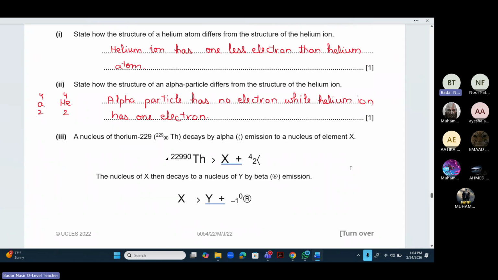So actually the equation is like this. Okay, we have this thorium with a proton number of 90 and a mass number of 229. It decays to X and an alpha particle. So X का proton number हो जाएगा 90 minus 2, 88, और इसका mass number हो जाएगा 229 minus 4, 225.